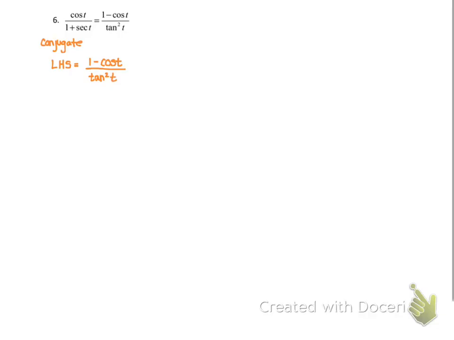And the conjugate, we're going to do the conjugate of the numerator so we can simplify that, because I need to get just cosine up there. So to do that, the conjugate, remember, the first number is the same, but it's the sign in the middle, or the sign with the trig function, that is different.